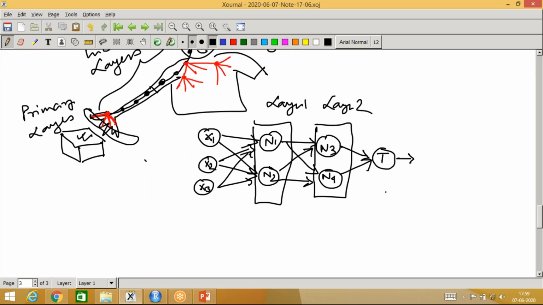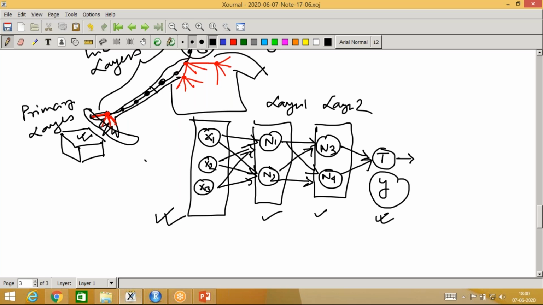Now, I know how many Y variables there are, that is, how many terminal nodes there are, before I implement a neural network. How many X variables there are, that also I know before I implement a neural network. But how many hidden layers will there be, and in each layer how many nodes will there be?